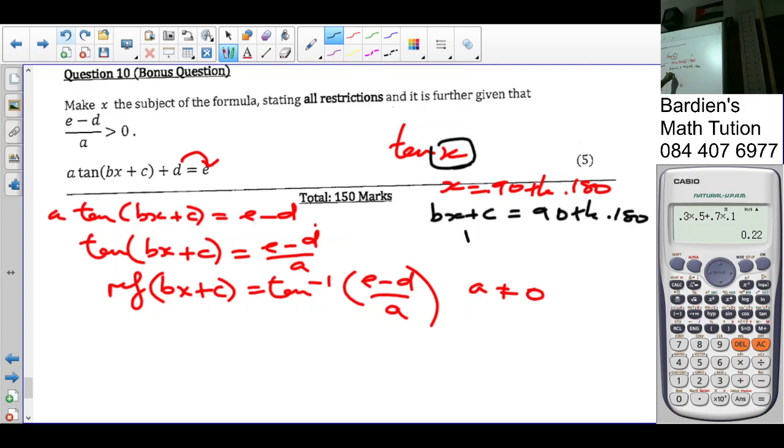We take c over, so bx is equal to 90 minus c plus k times 180, divided by b. So it's 90 minus c plus k times 180, all over b, because you're dividing throughout by b.